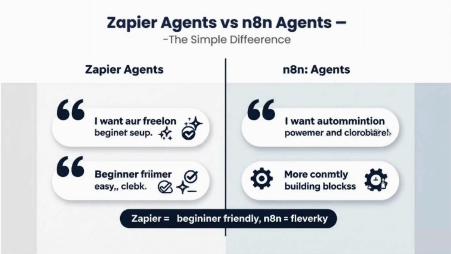And that doesn't mean one is better than the other, because it depends on what kind of person you are. Some people prefer smooth and simple. Other people prefer flexible and powerful. So again, the one-line summary is this. Zapier is more beginner-friendly, n8n is more flexible. And once you understand that, everything else becomes easy to choose. Because you're no longer comparing features. You're comparing styles of automation.